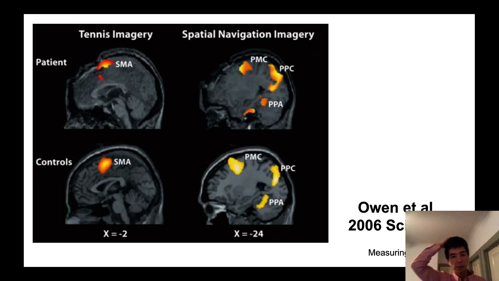For example, this particular area of the brain became more active compared to baseline, in this case not doing anything, when he imagined walking. And here, compared to the baseline, it increased due to the tennis imagery.